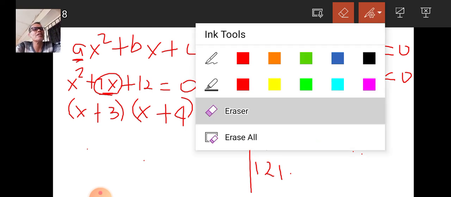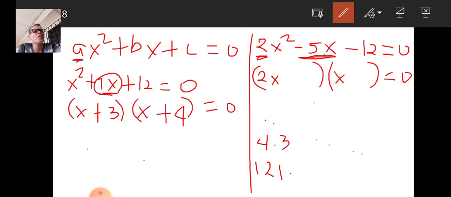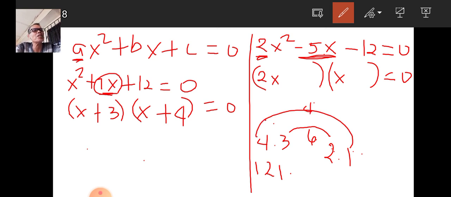Okay. So next, you have 2 and 1, the factors of 2x. If you multiply 3 times 2, you will have 6. If you multiply 1 times 4, you have 4. So the middle term must be negative. If you add, you will have negative 2. But you have negative 5.